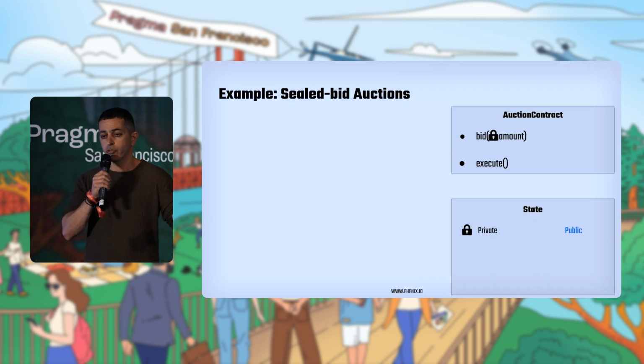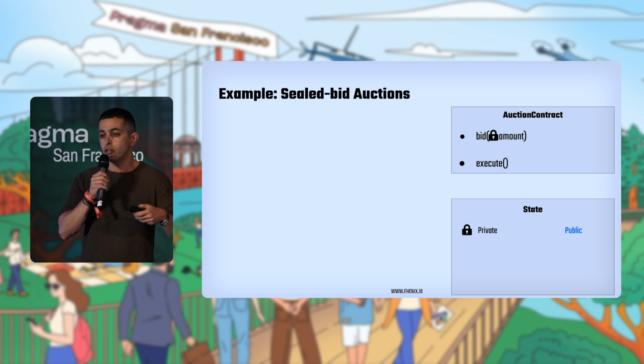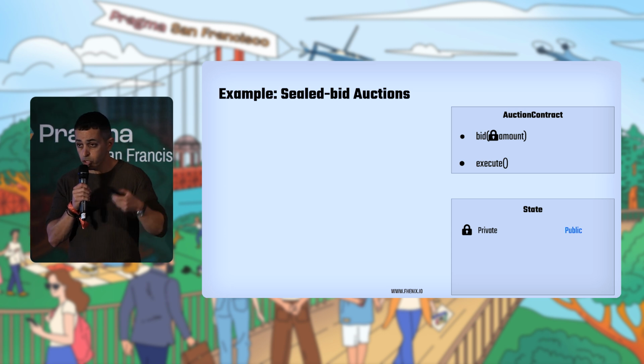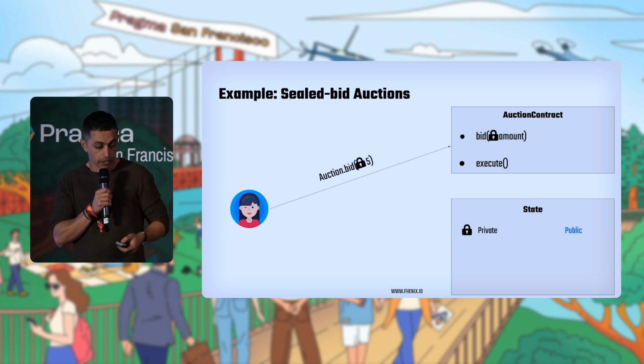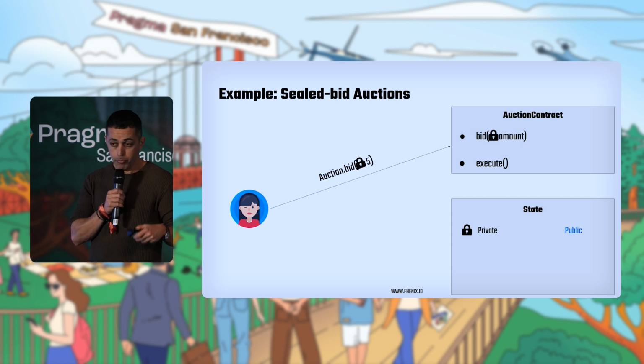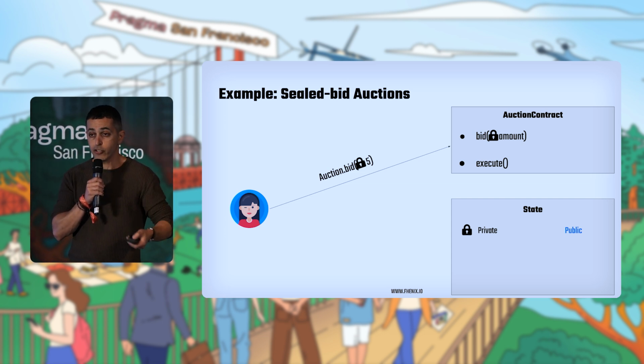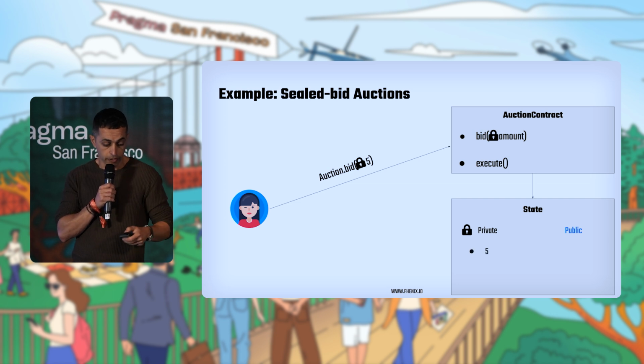Think about a user that wants to bid on an NFT, or a user that wants to bid on an LLM model, as there will be a marketplace for LLM models at some point. So we have Alice. Alice will send her bid, in our case 5 ETH, but with a confidential smart contract, the bidding itself is actually private. And then we have Bob.